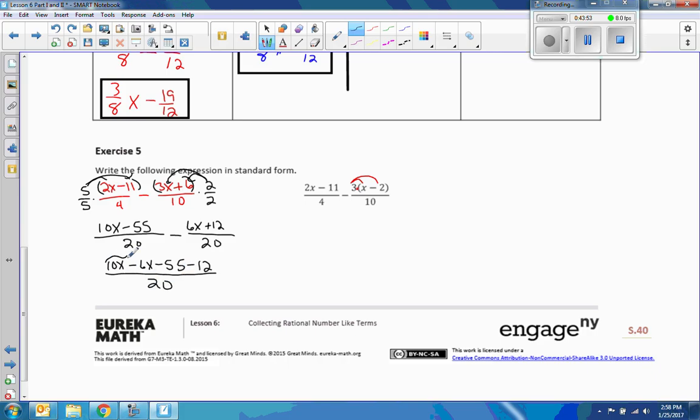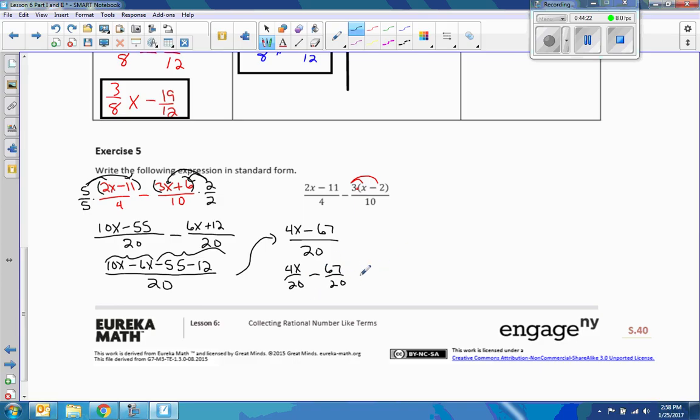So now I can combine my like terms. 10x minus 6x is 4x. And negative 55 minus 12 is negative 67. Minus 67 over 20. Now I can take that 20 and distribute it among each numerator piece. This is how they binomial. I can rewrite this as 4x over 20 minus 67 over 20.